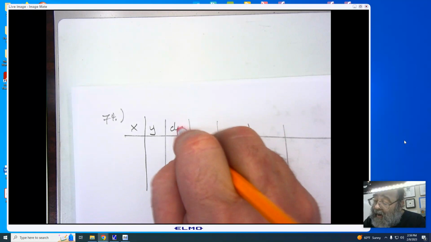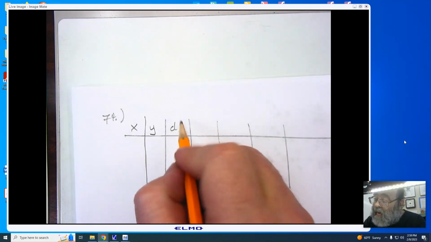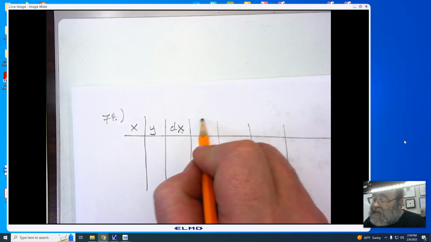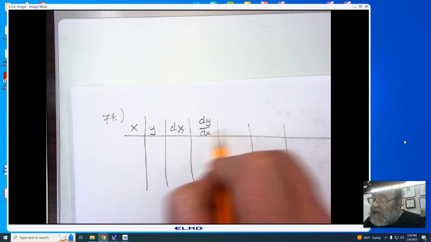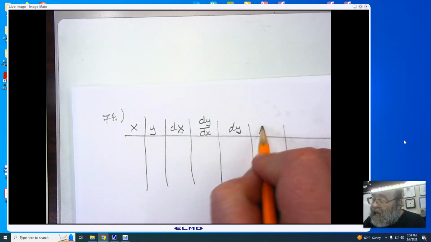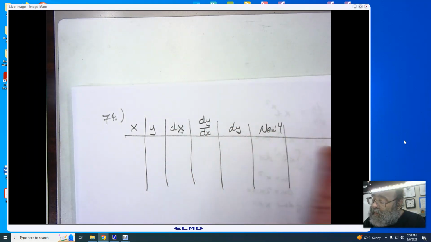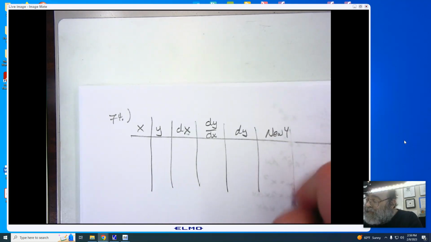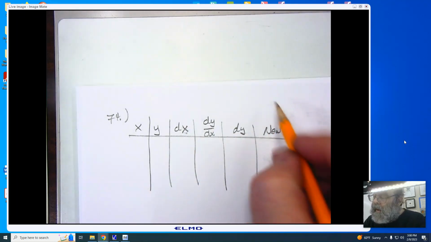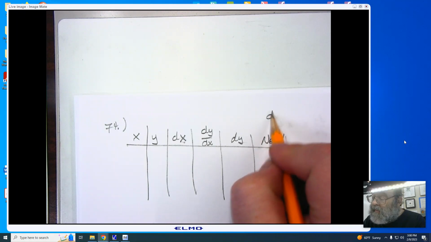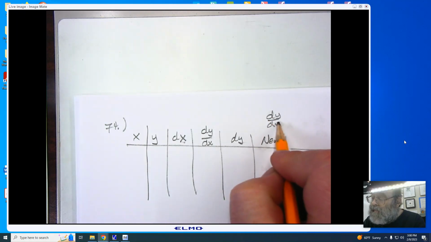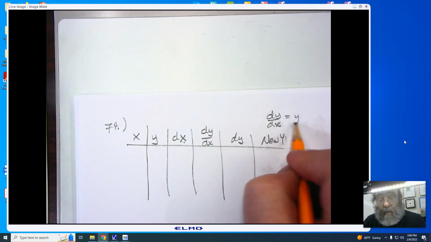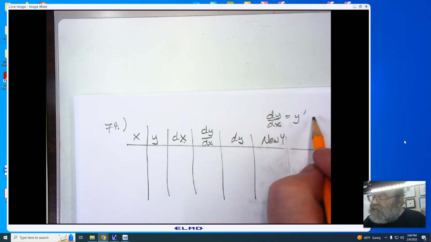So I'm putting in all of my information, x followed by y followed by dx, dy dx, followed by dy, and then the new y. Let's get rid of that column. We don't need it. In this problem, they tell us that our dy dx, or y prime, is going to have to be x plus y again.